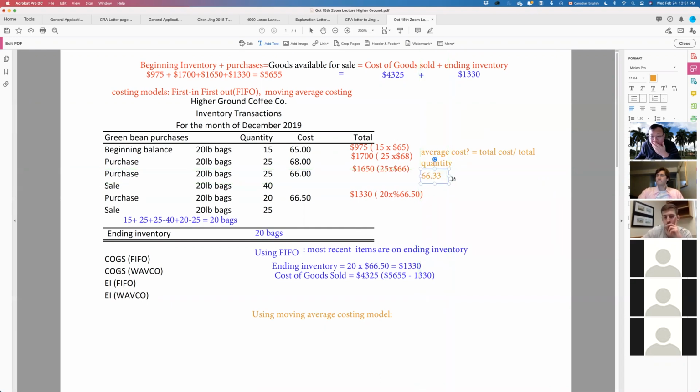So how did you calculate it? You add up all the costs, so there are three numbers: 975 plus 1700 plus the third. These are the total cost of the inventory on hand before the first sale. And the quantity is 15 plus 25 plus 25.